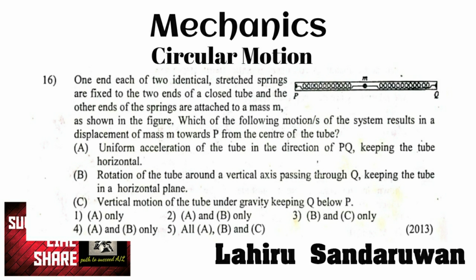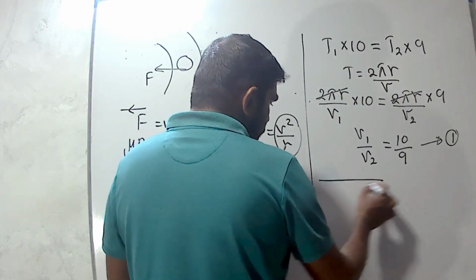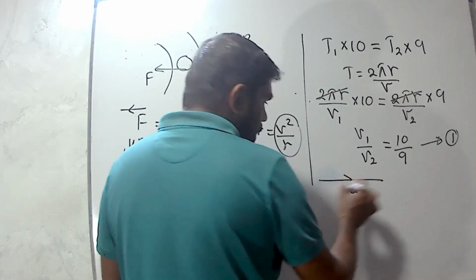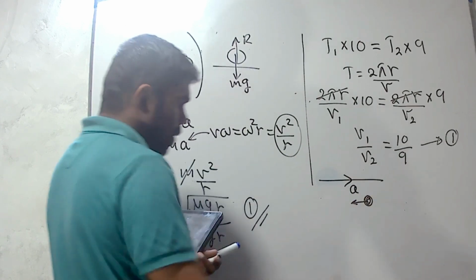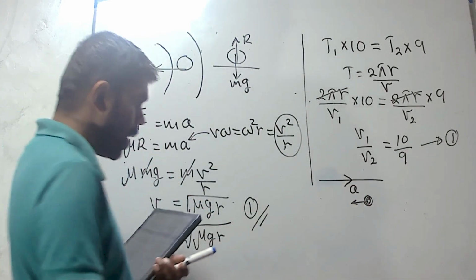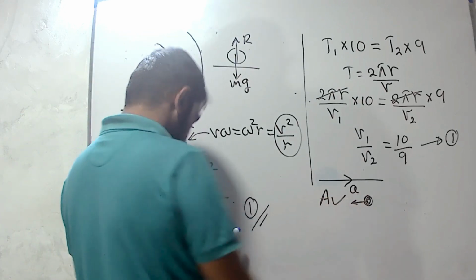Statement A: uniform acceleration of the tube in the direction PQ, keeping the tube horizontal. Yes, we know that when the tube is accelerating in this direction, this mass will move towards P. Statement A is correct.